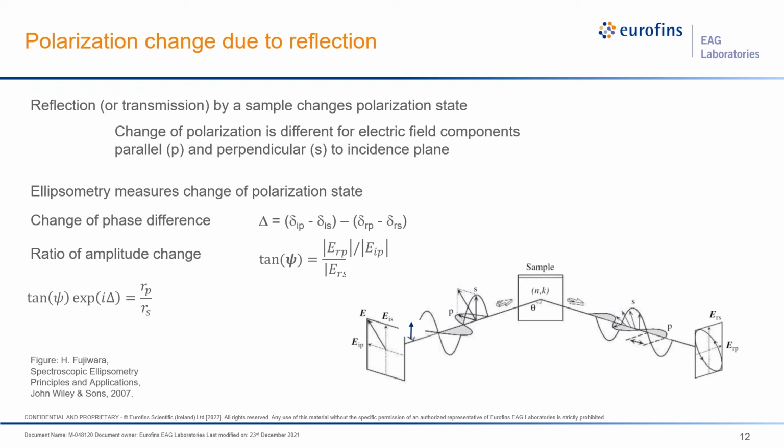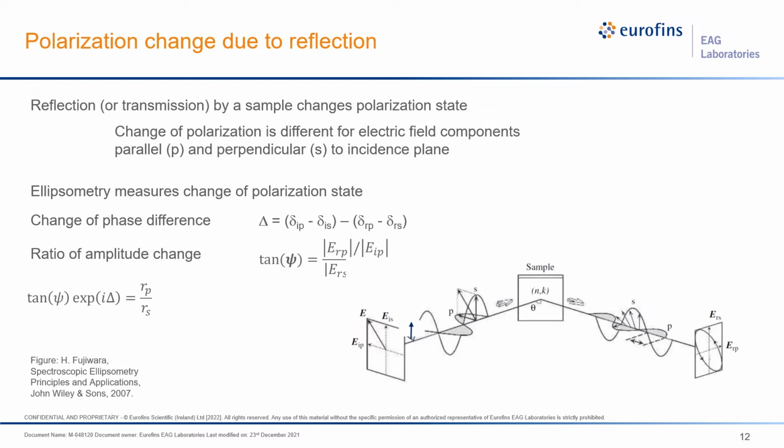A natural way to define the directions of the x and y components of the electric field is relative to the plane of incidence. The plane of incidence is the plane perpendicular to the surface of the sample that contains the incident and the reflected light, as shown in the plot below. The two components of the electric field are now defined as one parallel to the plane of incidence, denoted as P, and the other perpendicular, denoted as S from the German senkrecht, which of course means perpendicular.